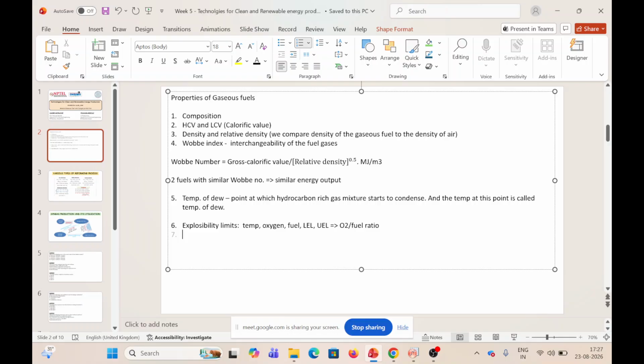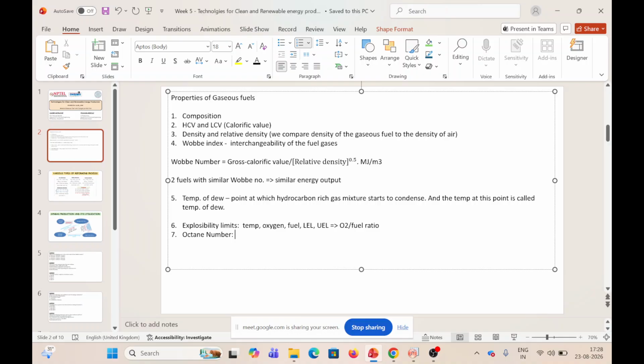Apart from this explosibility limit, we have something that we discussed prior also, called octane number. Anyone who is able to recollect what is octane number? Octane number is something that we discussed even when we were discussing the liquid fuels, if I'm not wrong, or the crude oil characteristics.